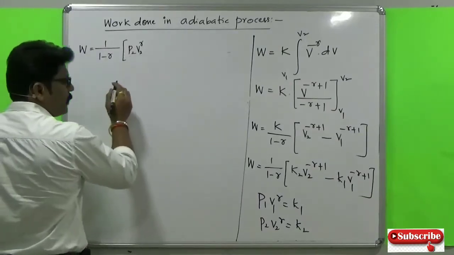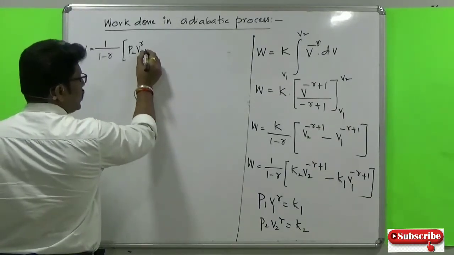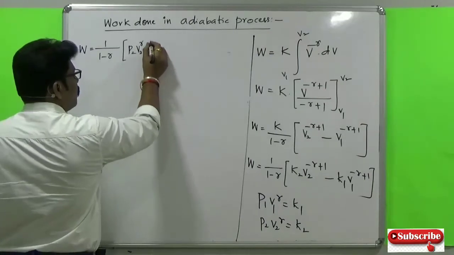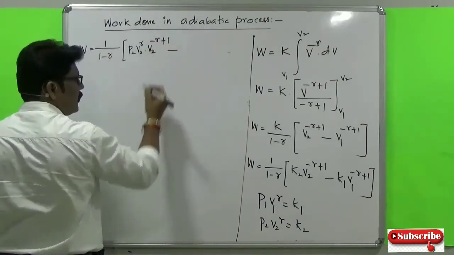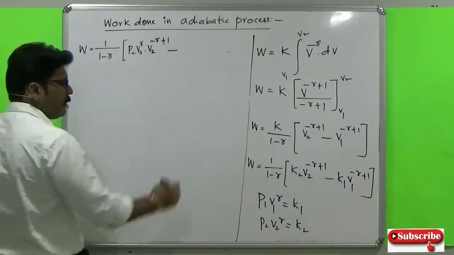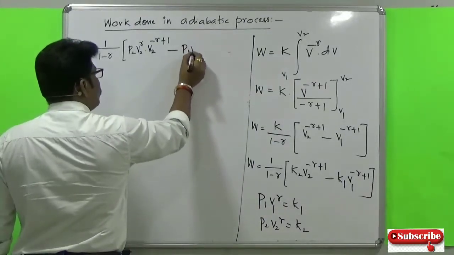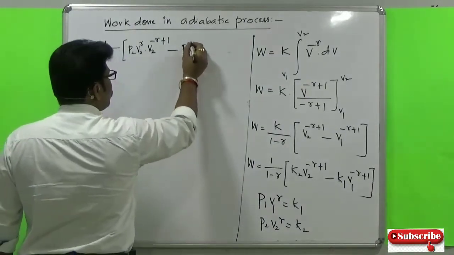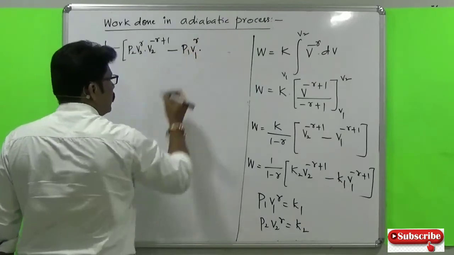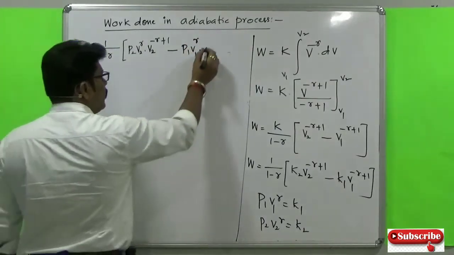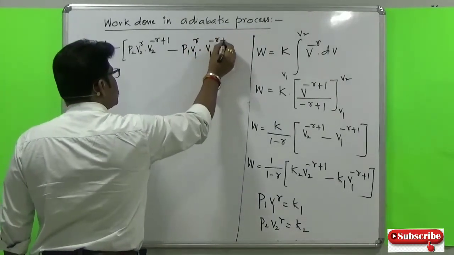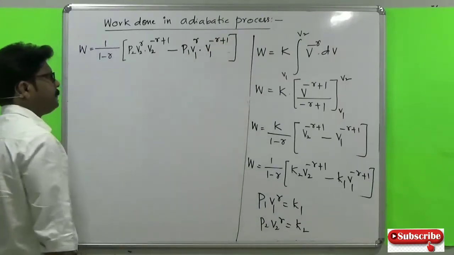So P2 V2 to the power of gamma into V2 to the power of minus gamma plus 1, minus K1 के बदले में P1 V1 to the power of gamma into V1 to the power of minus gamma plus 1, ऐसा लिखते हैं.